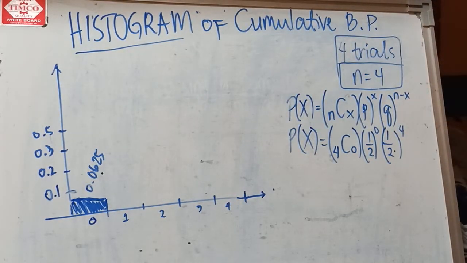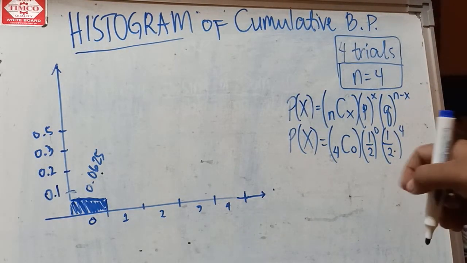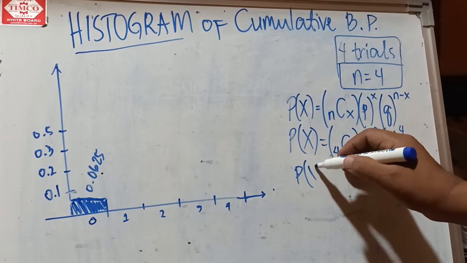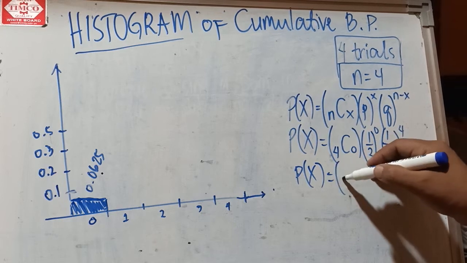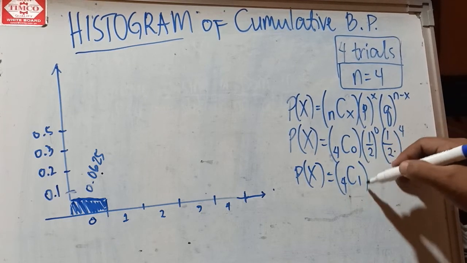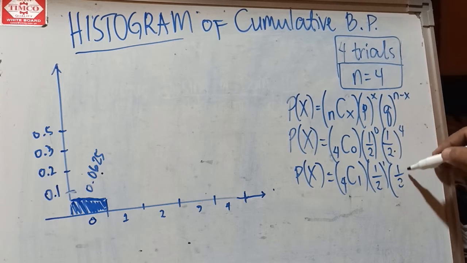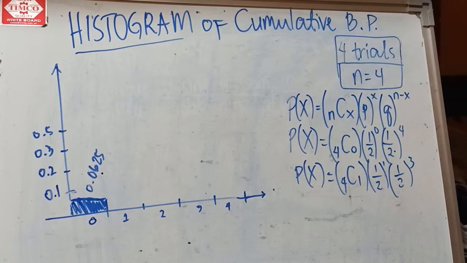Now, we are done with 0, so we proceed to the second one, which is 1. So 4C1 times 1/2 raised to 1 and 1/2 raised to 3, like that.